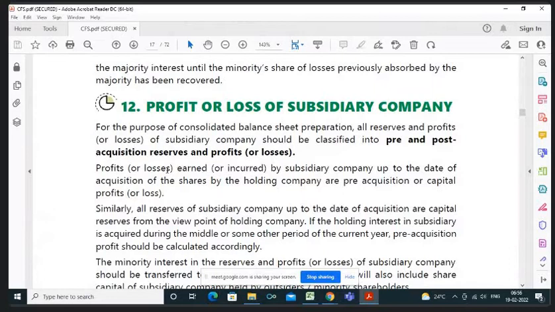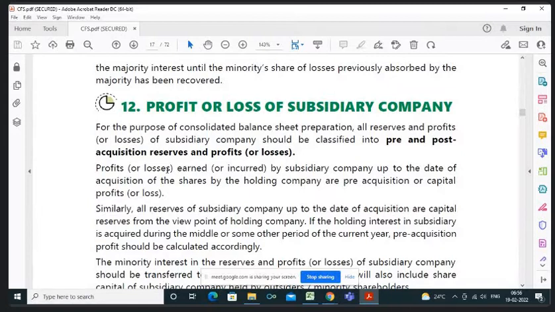When the holding company buys the shares in the subsidiary and it becomes a holding company, we have to take that date as a cutoff. Any reserves or profits before that particular date are called pre-acquisition profits or reserves. Any profit or reserves created after the date of acquisition will be called post-acquisition reserves and profits.